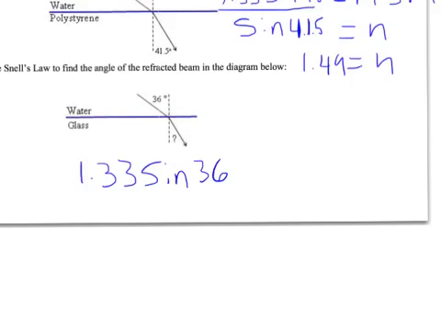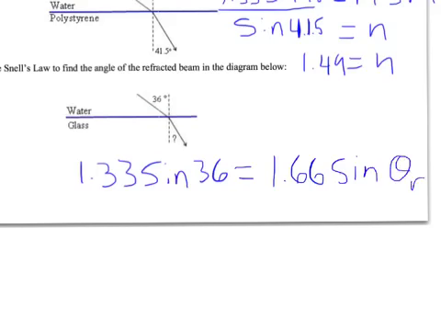In other words, the index of refraction of the incident material times the sine of the angle of incidence, which is between the normal and the incoming ray, is going to equal the index of refraction of the refractive substance, which in this case is glass, with an index of refraction of 1.66, times the sine of the angle of refraction.